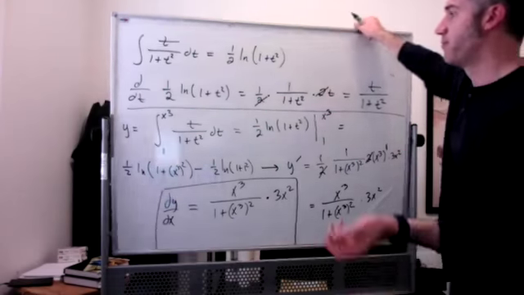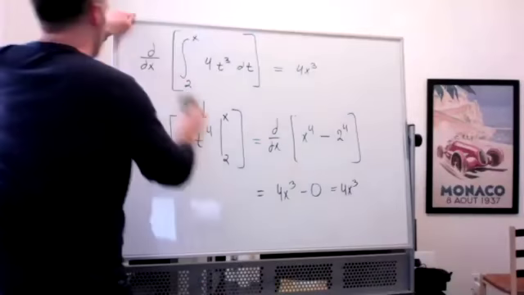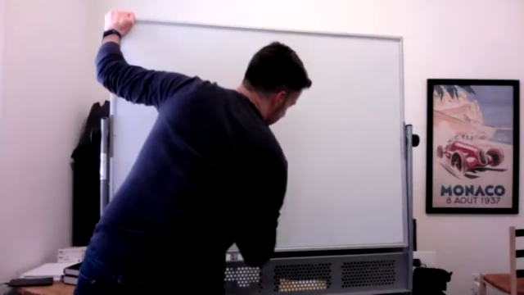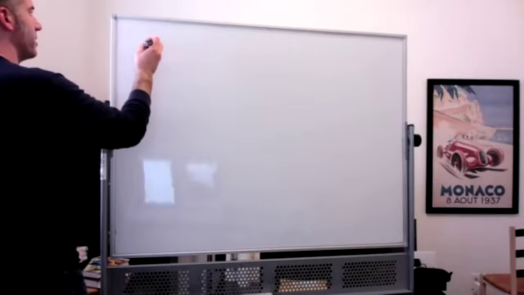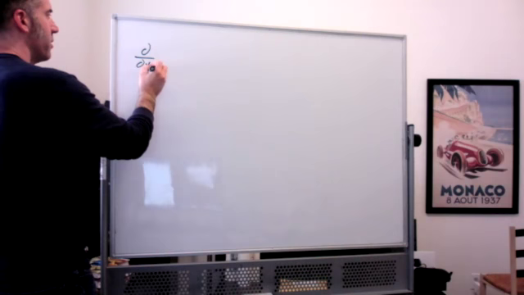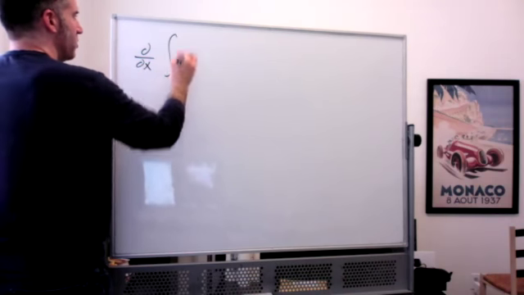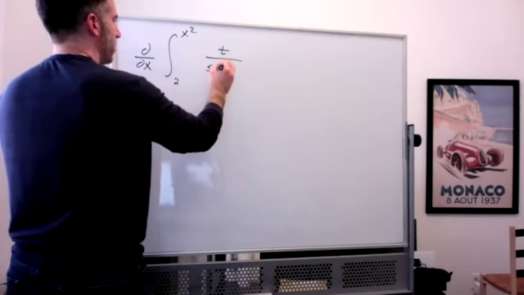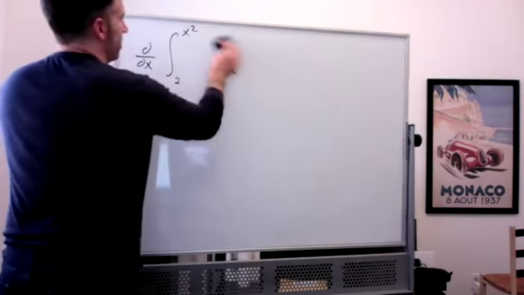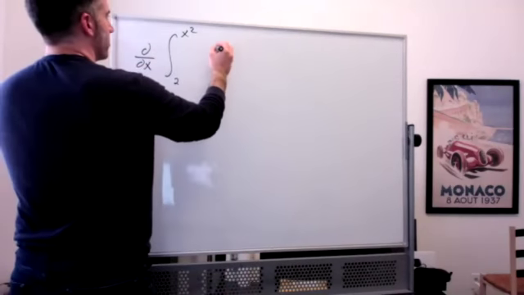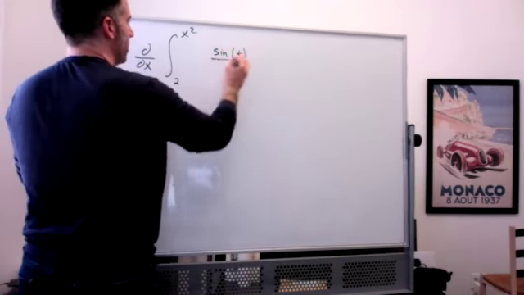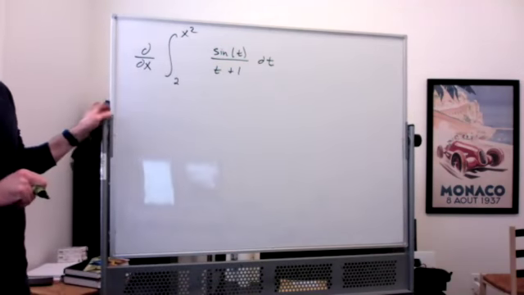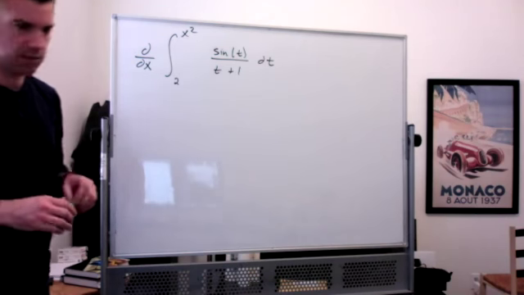You guys want to try? It should be relatively fast. So I want you guys to try finding the derivative of the integral from 2 to x squared of, sorry, that's not quite right. Let's do sine of t over t plus 1 dt. I'm going to give you guys a minute.